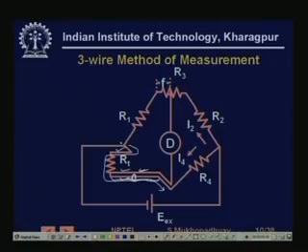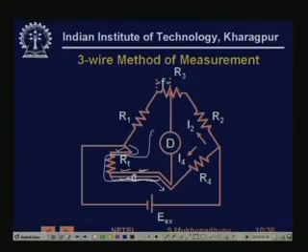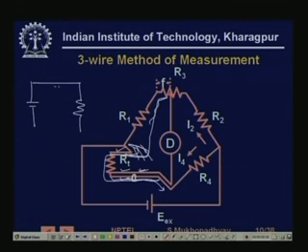Similarly, you could have 4-wire RTDs where you run another piece of wire from here. If you have a 4-wire RTD, you could have a very simple circuit: a battery and an RTD here. You have 4 wires, and across 2 wires you have the voltage.